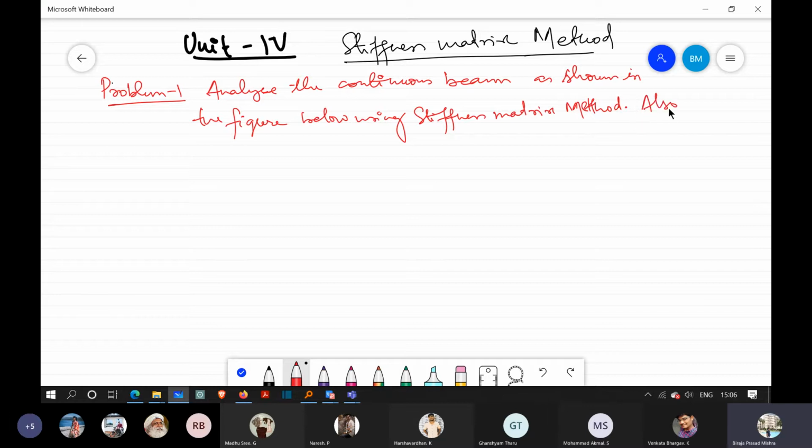Also draw the shear force and bending moment diagrams.